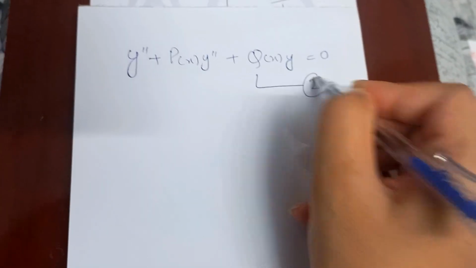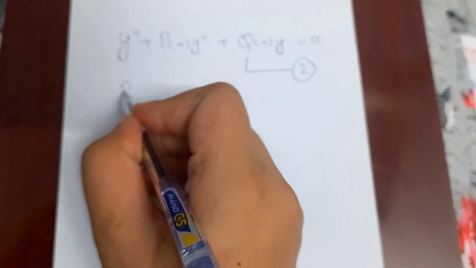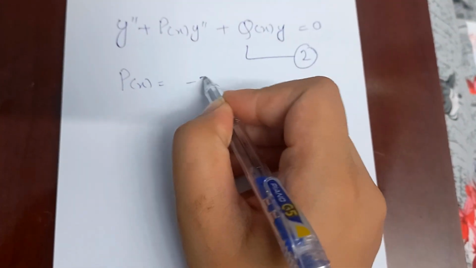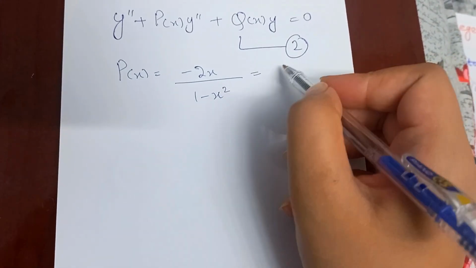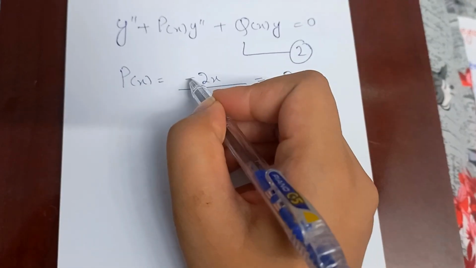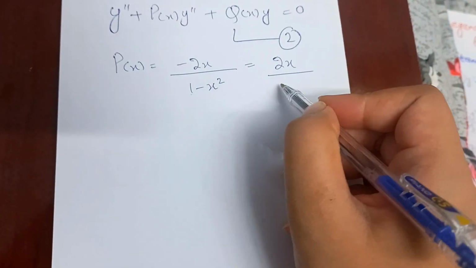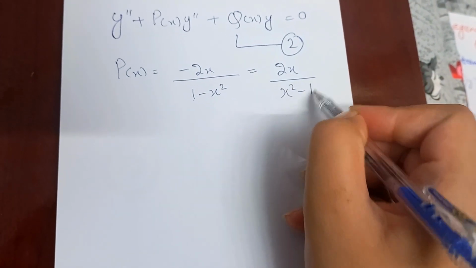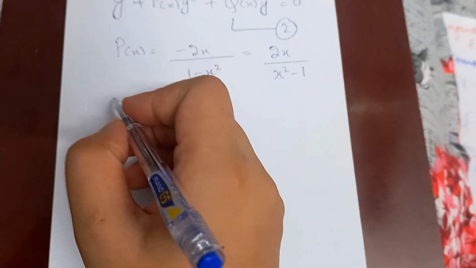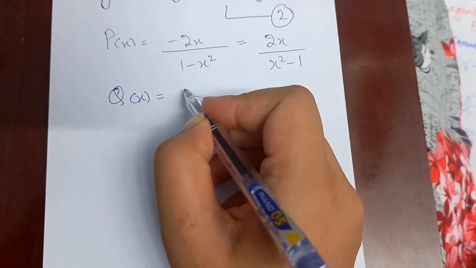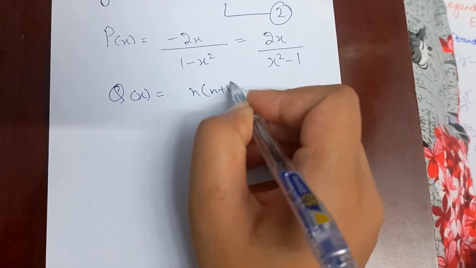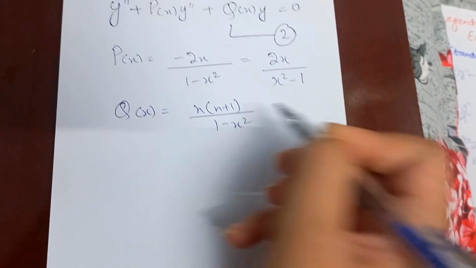This is the second standard form, where p of x is equal to negative 2x divided by 1 minus x squared, and you can even multiply the negative sign into the denominator, so it becomes x squared minus 1 as well. Then we have q of x, which is n into n plus 1 divided by 1 minus x squared simply.